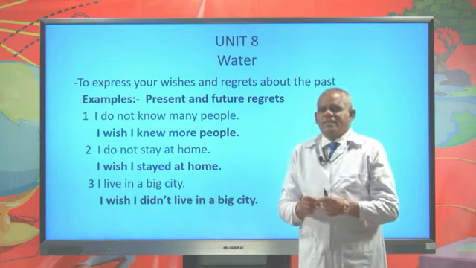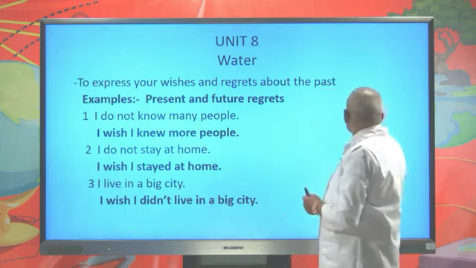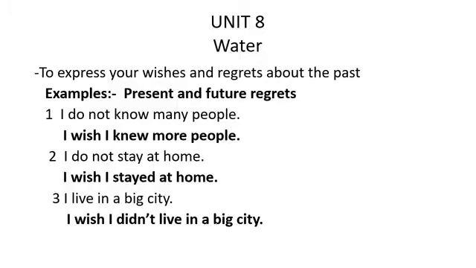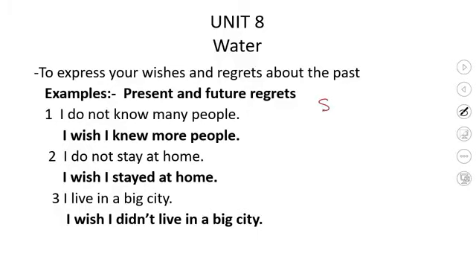If you regret something in the present or future, you have to think of this form: subject plus wish plus subject plus verb in the past. This is the form.